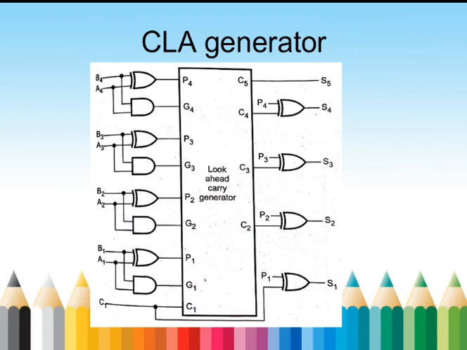The AND gate generates Gi, that means G1, G2, G3 and G4. The carries are generated using the look ahead carry generator and applied as input to the second XOR gate. The other input of the second XOR gate is Pi. So the second XOR gate generates the sum outputs S1, S2, S3 and S4.